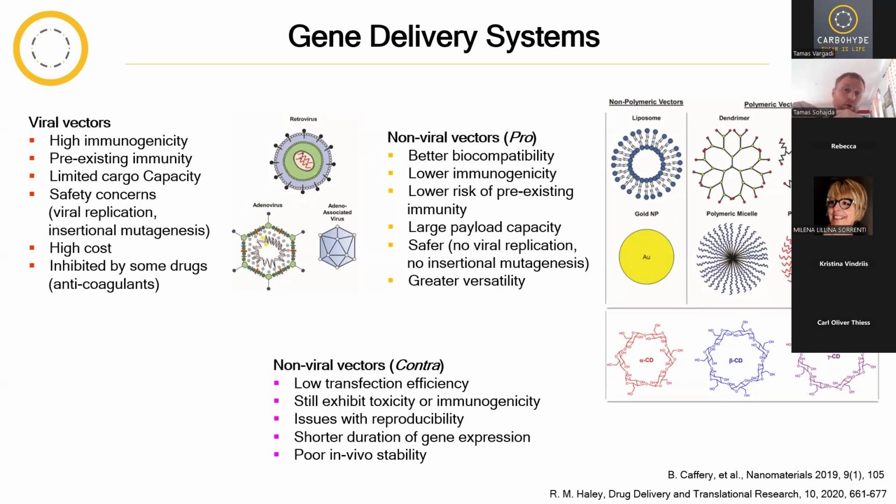And once we have protected it, we have to deliver it successfully to the cells. And there are a lot of strategies around how this can be done. Some of the drug delivery systems that are in use or have been in use are listed here.